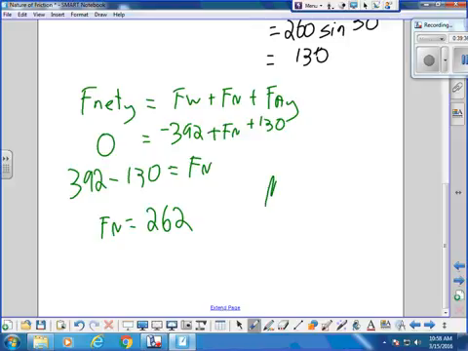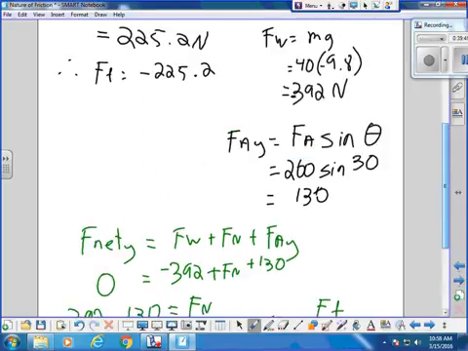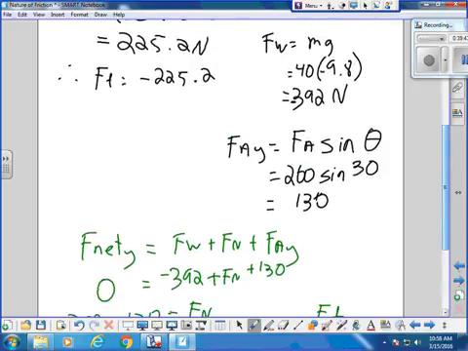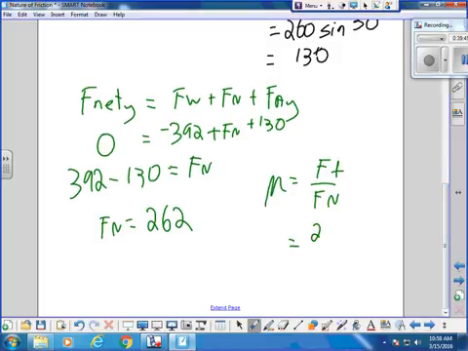Okay, now I've got mu equals FF over Fn. Friction force from way up here, minus 225. Does it have to be minus? Mu doesn't care, right? There's no direction to mu. Mu doesn't care about what direction.